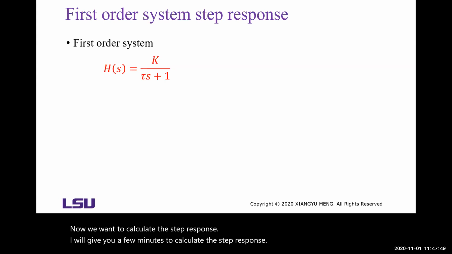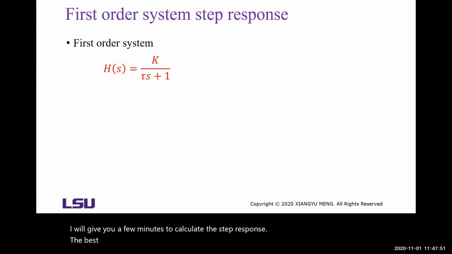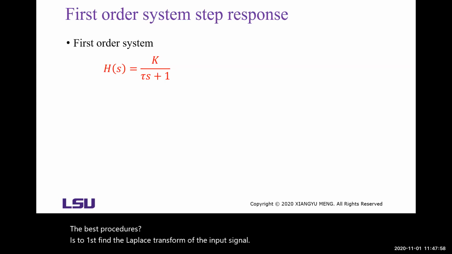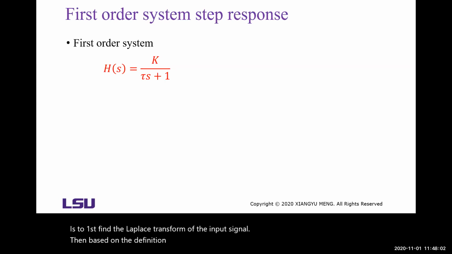You know the basic procedure is to first find the Laplace transform of the input signal. Then, based on the definition of the transfer function, the Laplace transform of the output is the transfer function times the Laplace transform of the input signal.